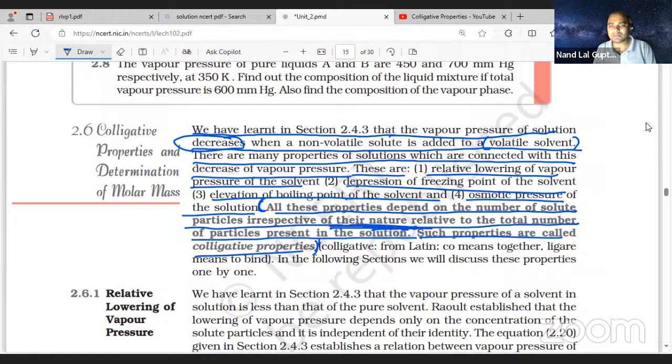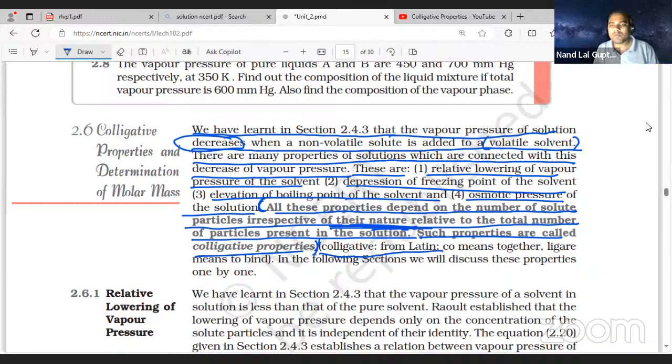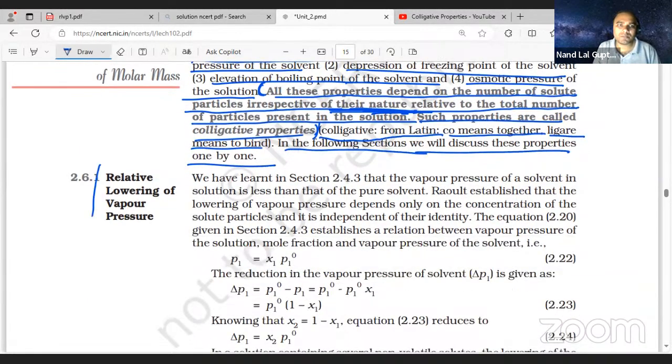Are you getting this one? Yes or no? Here they are saying colligative is from the Latin word, co means together, ligare means to bind. In the following section, we will discuss these properties one by one. So first one we are talking about is relative lowering vapor pressure.